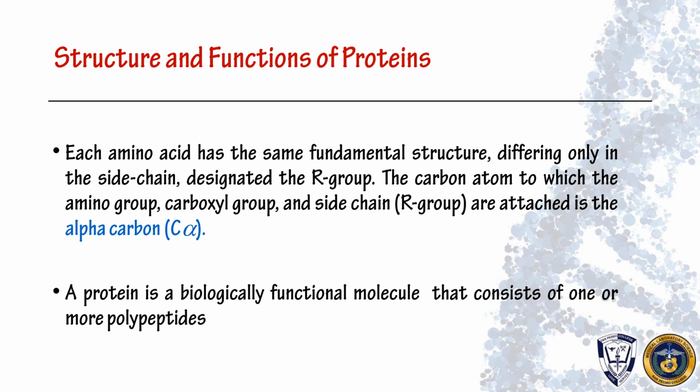So each amino acid has the same fundamental structure, and they differ only in the side chain designated as the R group. The carbon atom to which the amino group, carboxyl group, and side chain are attached is the alpha carbon. A protein is a biologically functional molecule that consists of one or more polypeptides.